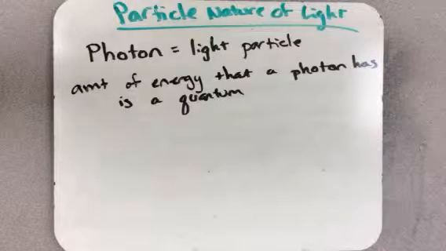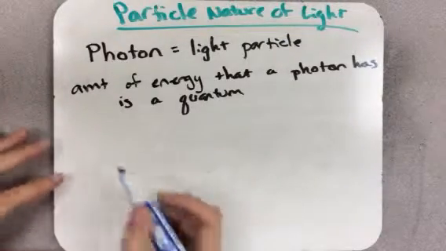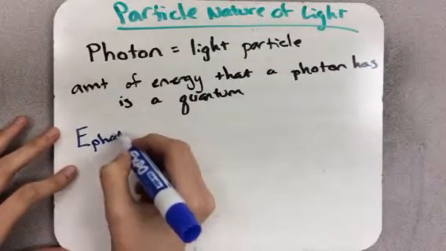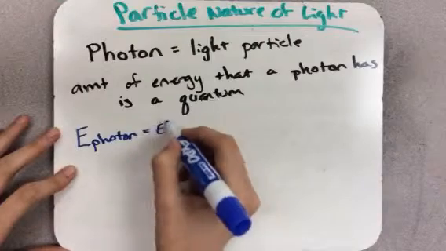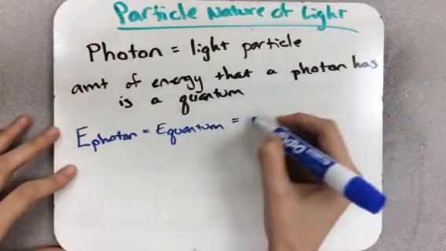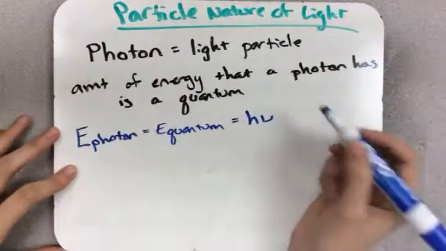What if we want to determine how much energy is really there for a particular wavelength or frequency of light or radiation? The equation for this is going to be the energy of a photon, which is the same thing as the energy of a quantum, equals h times nu.